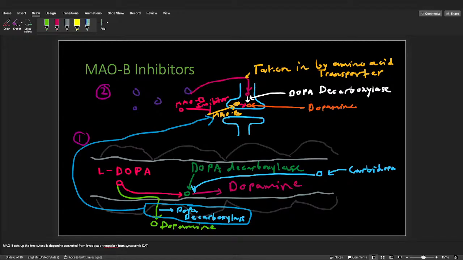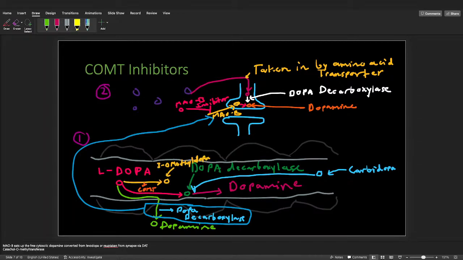Those are the ones that are going to be reduced in a neuron by this monoamine oxidase. And that's where the monoamine oxidase B inhibitors come into play, to prevent that breakdown of the dopamine in the brain. So that's what's happening here in this area.